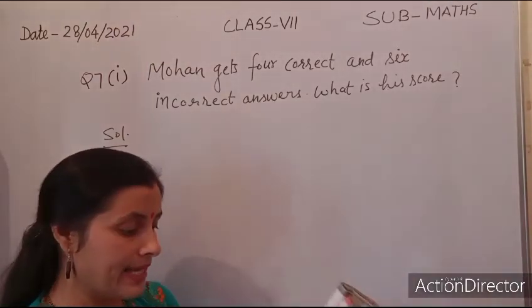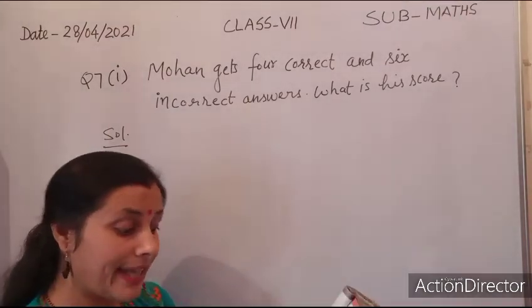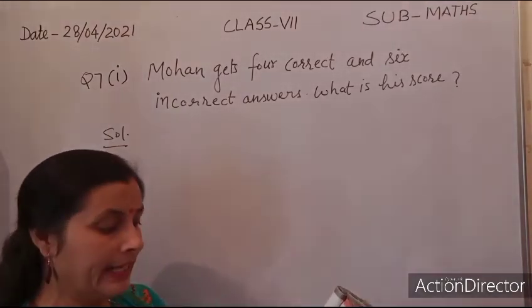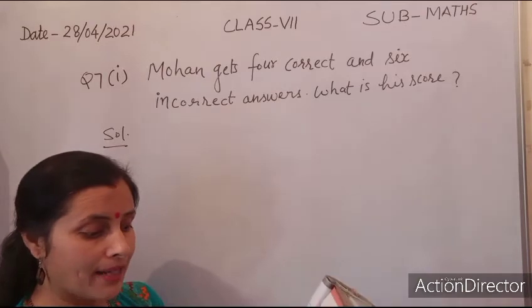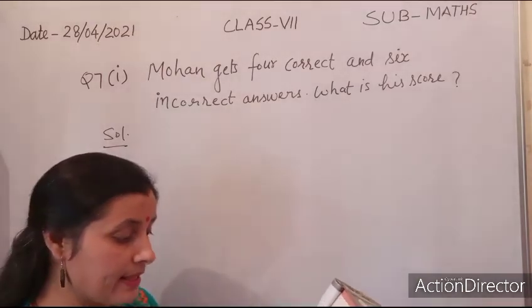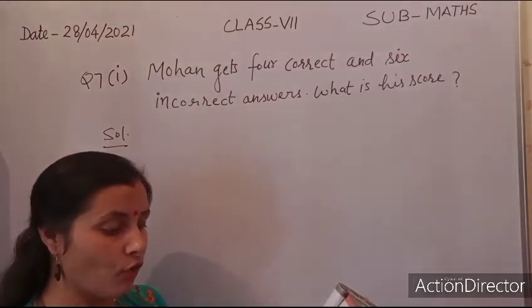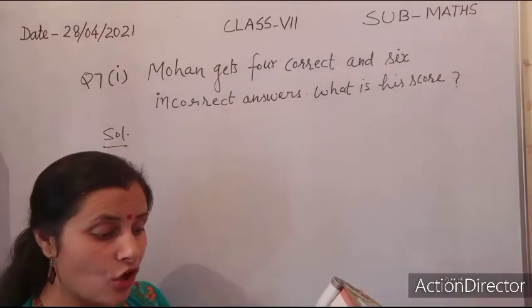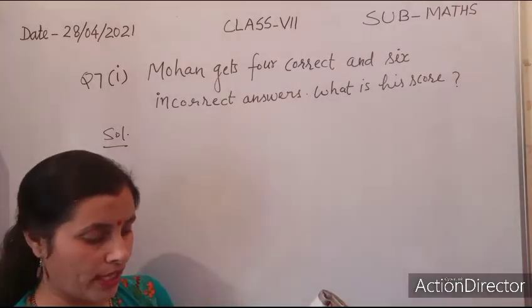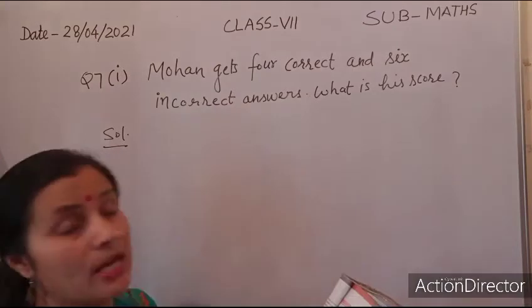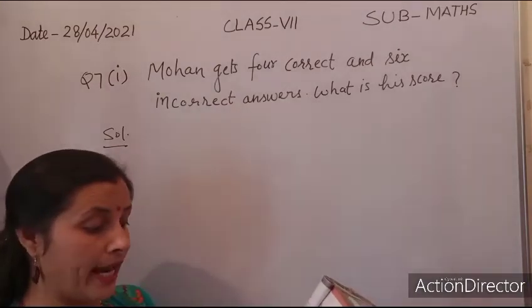Question number 7 says, in a class test containing 10 questions, 5 marks are awarded for every correct answer, minus 2 marks are awarded for every incorrect answer, and 0 for questions not attempted. There was a class test with 10 questions.